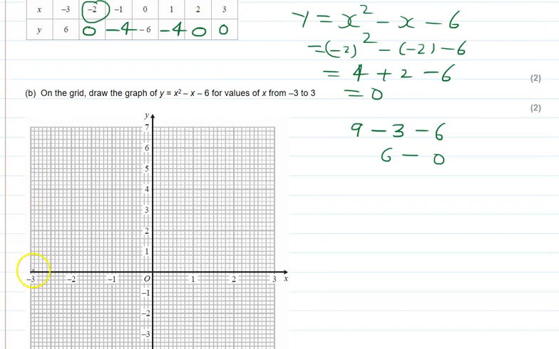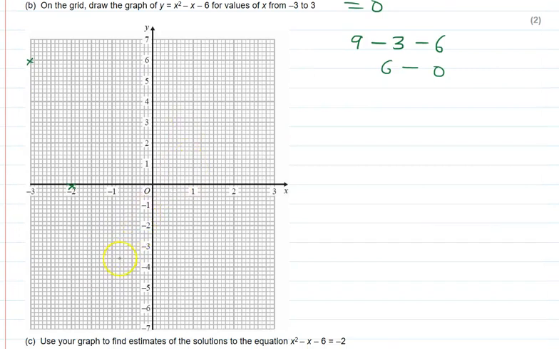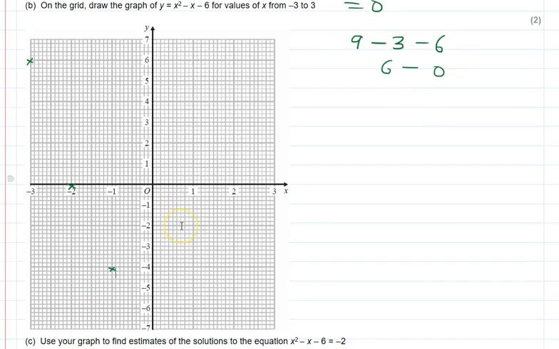Okay, so on the grid, we just need to plot these values. So minus 3 and 6. Now minus 2 and 0. Then minus 1 and minus 4. Then 0 and minus 6.